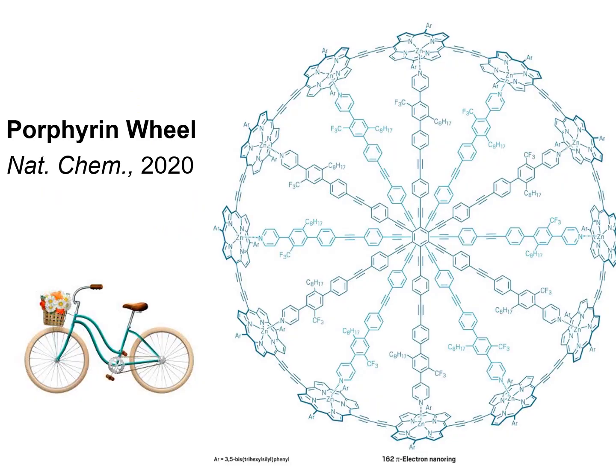Lastly, I would like to show you the largest organic compound till today. This particular porphyrin wheel was reported in January 2020 by a group of researchers from Oxford University, and this compound is similar to the wheel of a bicycle. That's why it has been named the wheel.